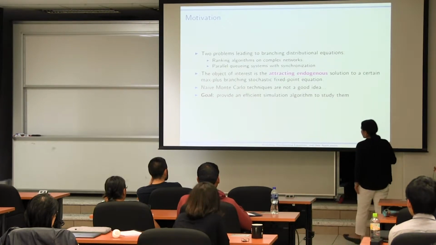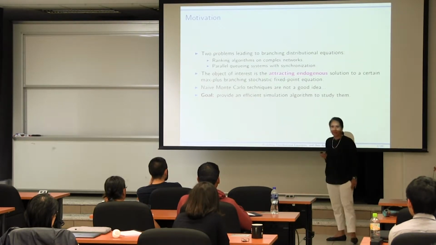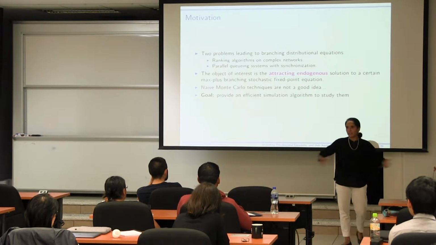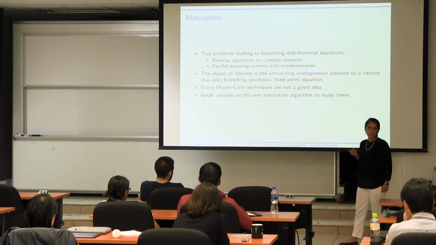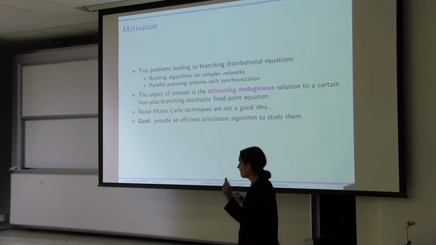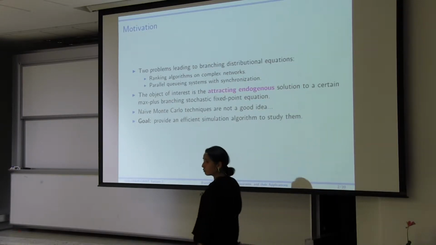As I said yesterday, in great generality, the naive approach of just simulating the tree and trying to compute recursively the fixed point equation from the leaves up to the root is not very tractable, especially when you have very high mean number of offspring on your Galton-Watson tree.